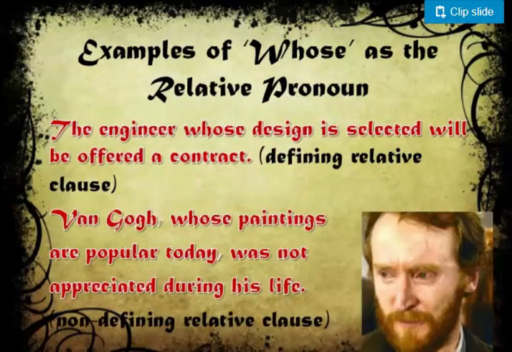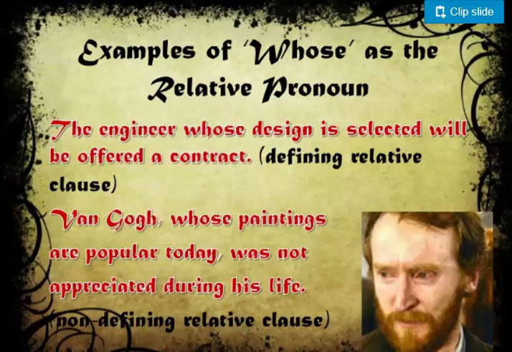Now, there is an example of whose, which is used as a relative pronoun. The engineer whose design is selected will be offered a contract. This whose is used as a pronoun which refers to the engineer, and it is included in the defining relative clause.